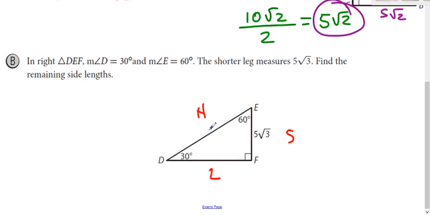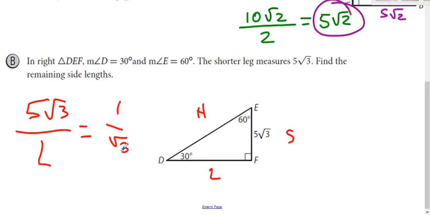So when you're taking your ratio, you've got the short side over whichever one we want to solve for. Let's take the long side here. And on that last slide, we wrote that the short side gets a 1, the long side gets a square root of 3, and you have to cross multiply.